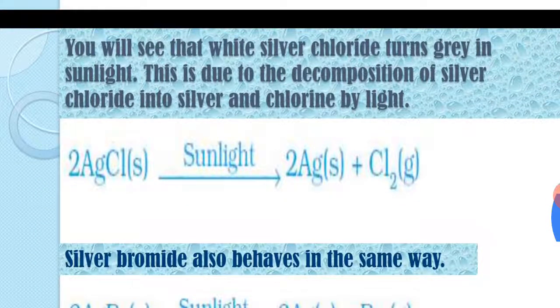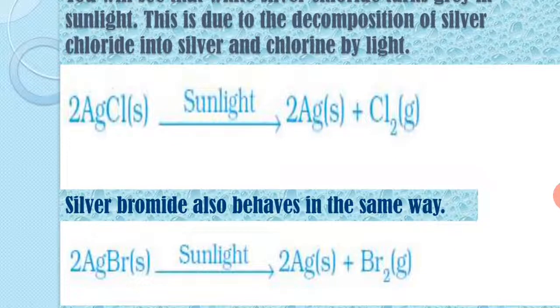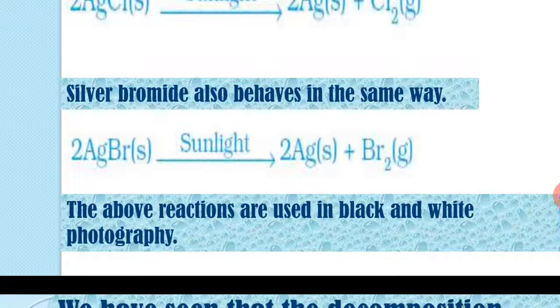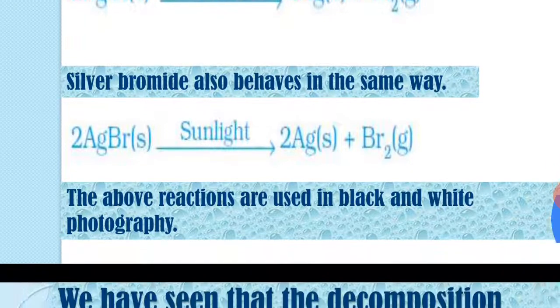This is the chemical reaction involved. Similarly, decomposition of silver bromide in the presence of sunlight happens in the same way. Now, note down, these 2 reactions are used in black and white photography.